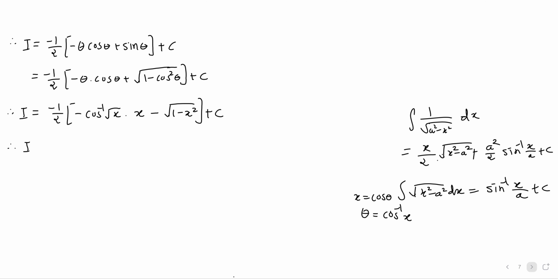Therefore, I is equal to 1 by 2, minus, take it in brackets. So cos inverse root x into... Yes, ma'am. It will be cos inverse x, not root x. Wait a minute.